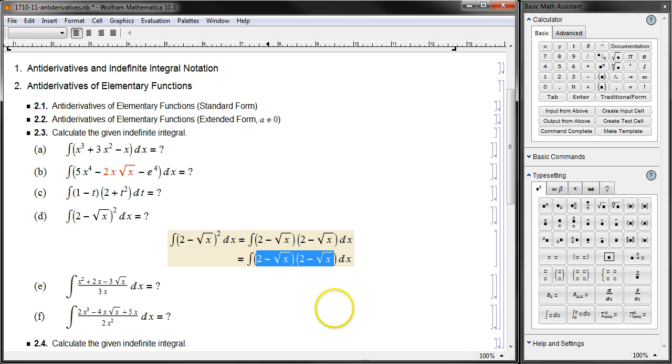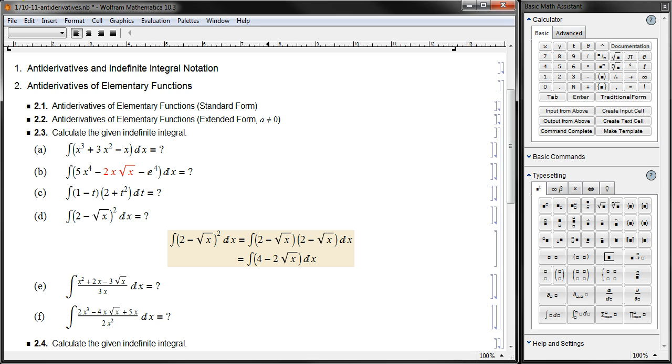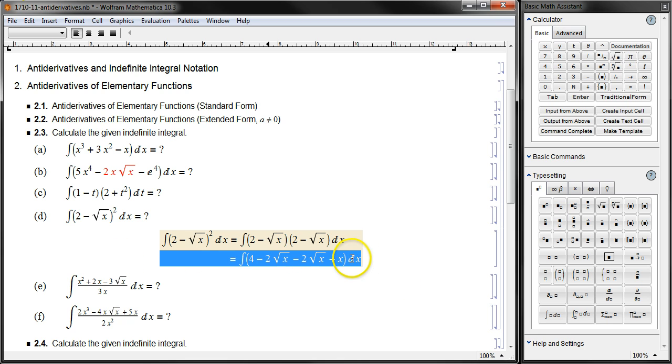First, 2 times 2 is 4. Outside, -2 square root of x. Inside, another minus 2 square root of x. And then finally last, square root of x times another square root of x. That's just x.